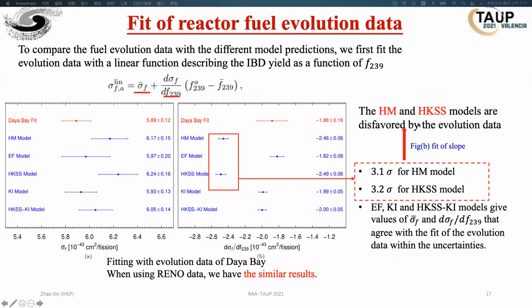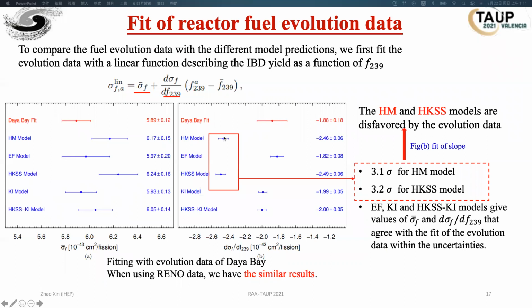We also consider fitting the fuel evolution data. We use a linear relationship to describe the IBD yields. In this slide, we show the fitting result for the average IBD yield and the slope.